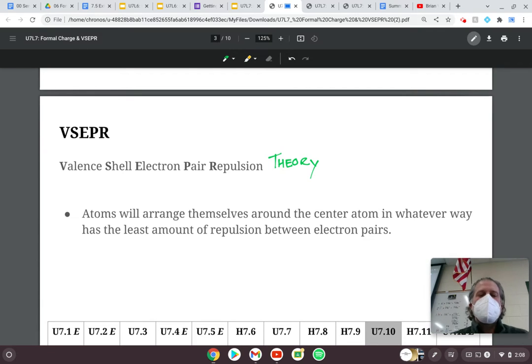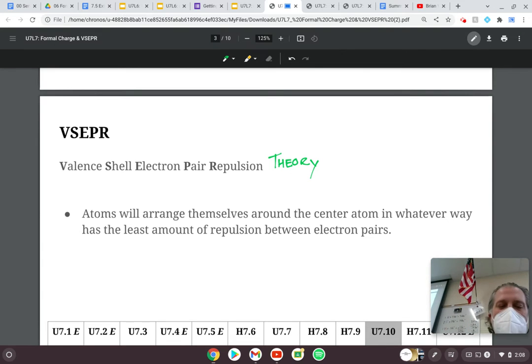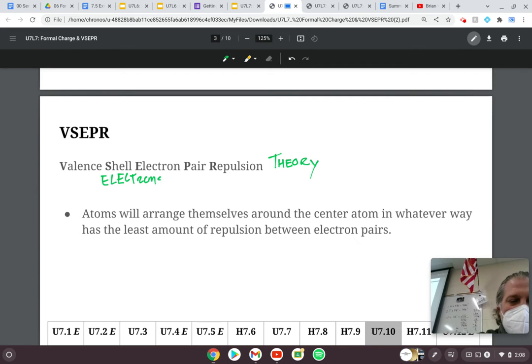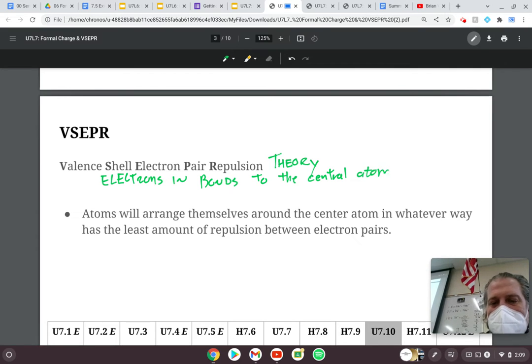So valence shell electron pair repulsion theory is really the theory about the electrons in bonds to the central atom. So it's about electrons and bonds to the central atom and how they repel each other.